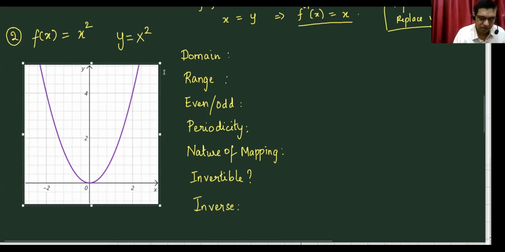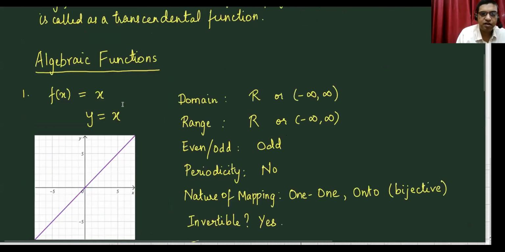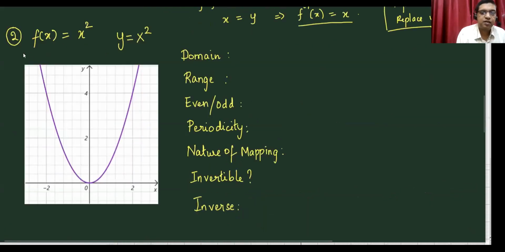I'll write the nature of the curve also so that it will be easy for you. The earlier one is a straight line, and this is a parabola.